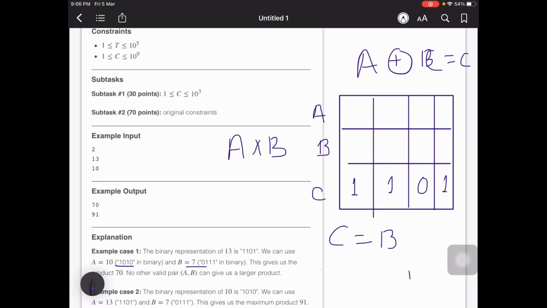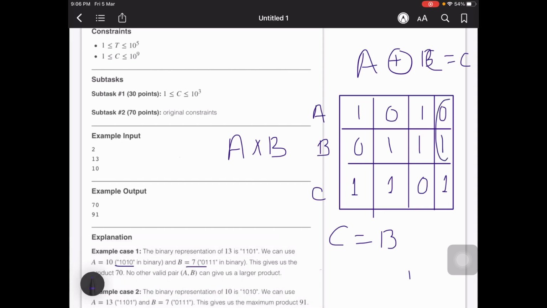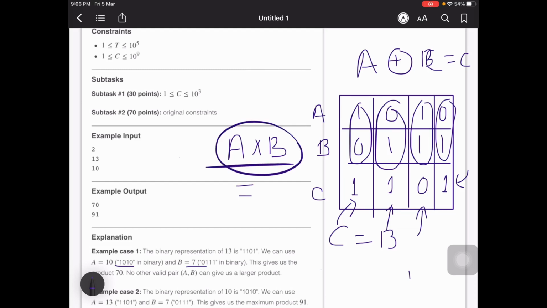The value of 10 is 1010 in binary and 7 is 0111. If we see corresponding to each bit, 0 XOR 1 gives you 1, 1 XOR 1 gives you 0, 0 XOR 1 gives you 1, and 1 XOR 0 gives you 1. So it's fine, and this is the maximum product, 10 into 7 is equal to 70.